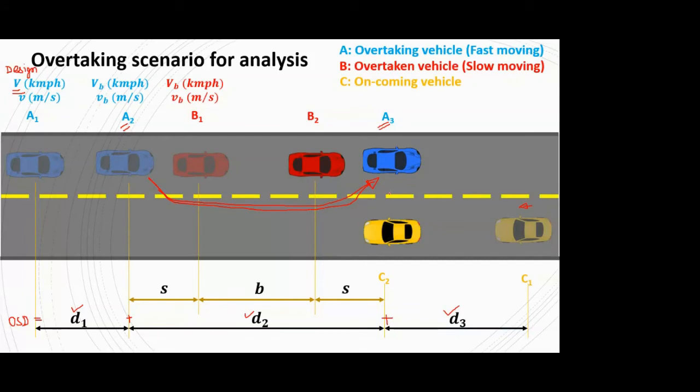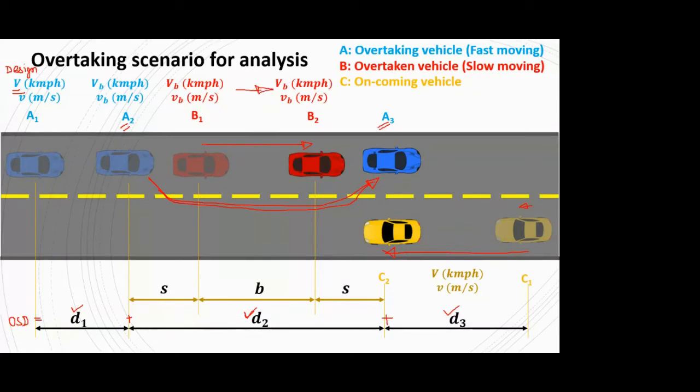By the time this overtaking happened, which was the distance d2, vehicle B moved from location B1 to B2, and also vehicle C, the oncoming vehicle, moved from C1 to C2. And vehicle B moved from B1 to B2 with the same speed.